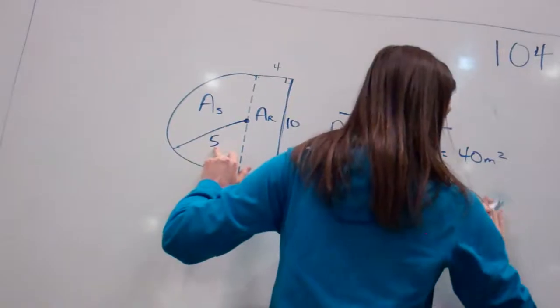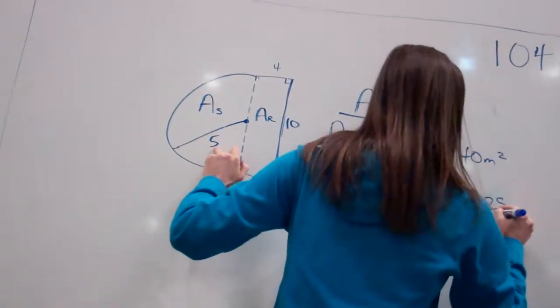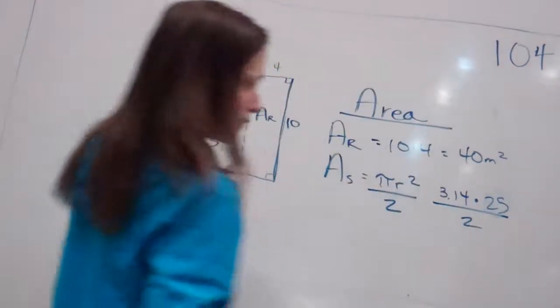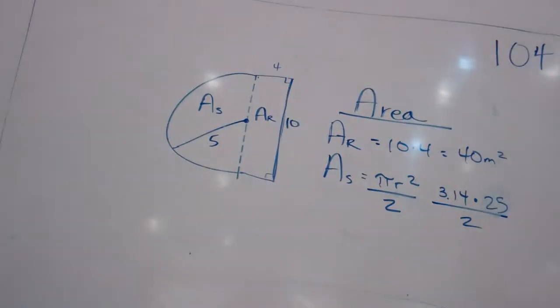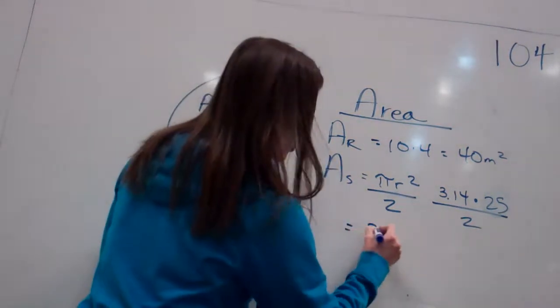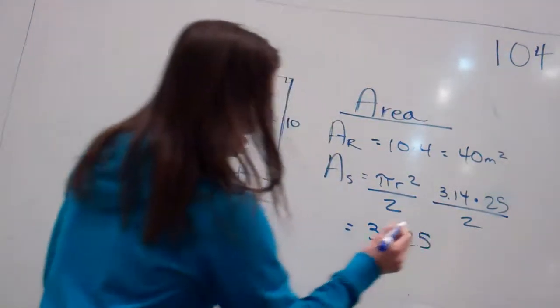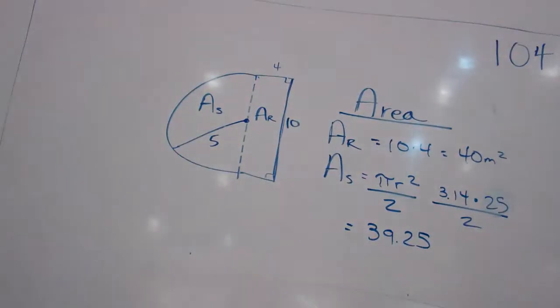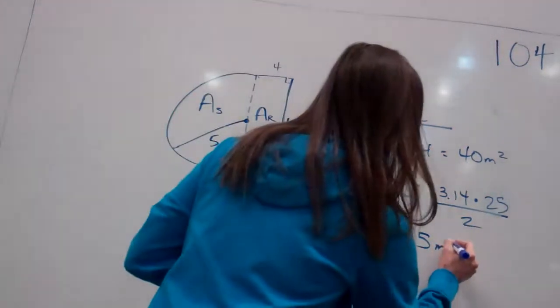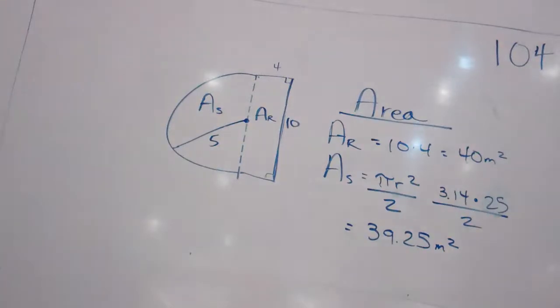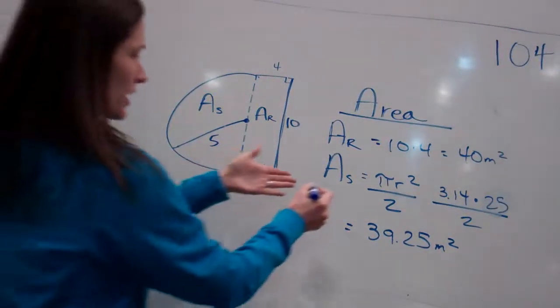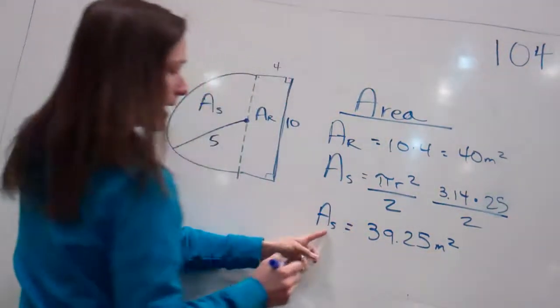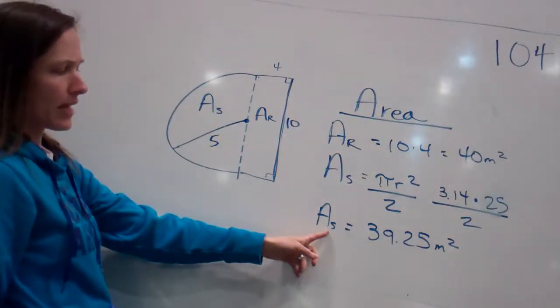And 5 squared becomes 25 over 2. And 3.14 times 25 divided by 2 is going to end up giving us 39.25. Is that what that says? Yep. Meters squared. So the answer of my semicircle is 39.25.